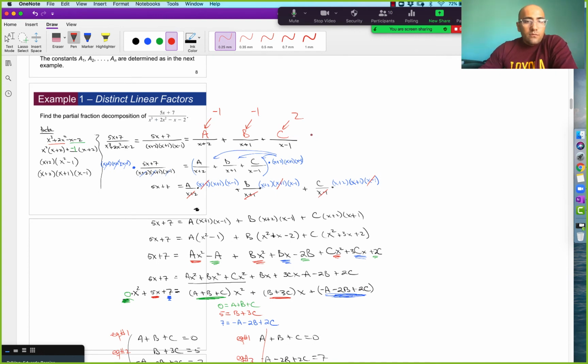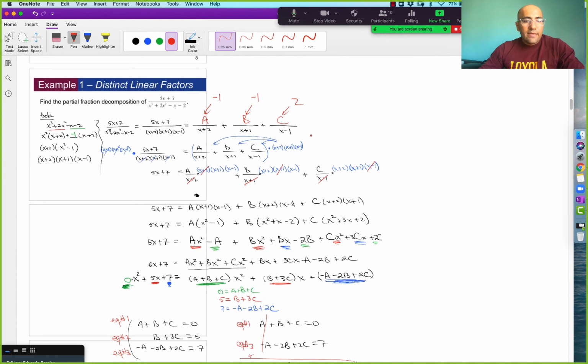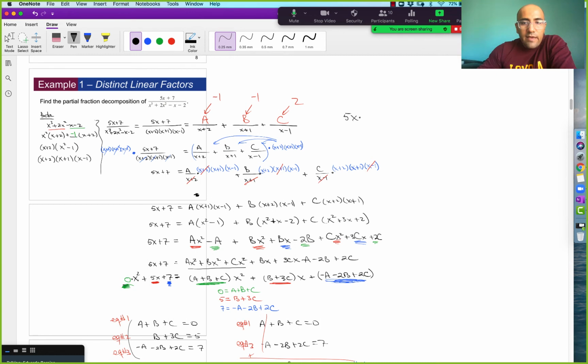Good. So to put the whole thing back into the original statement, 5x plus 7 divided by x cubed plus 2x squared minus x minus 2 is actually equal to the summation of these fractions: -1 over x plus 2, plus -1 over x plus 1, plus 2 divided by x minus 1.